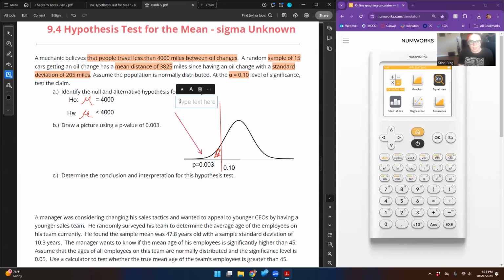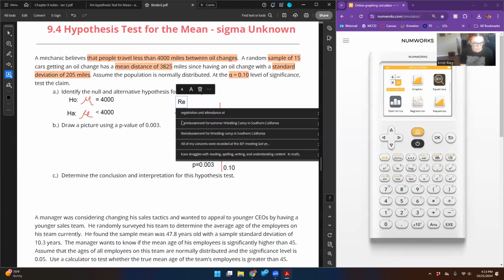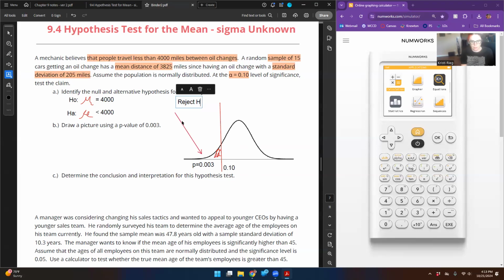So this is in the reject region. Reject the null. So, conclusion. Well, we're going to reject the null.